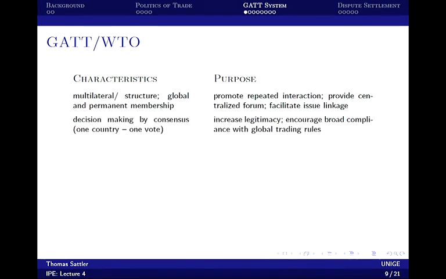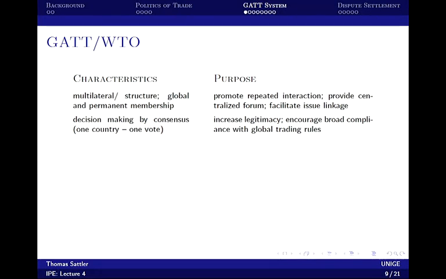The second feature of the system is the decision-making procedure. And it's characterized by decision-making by consensus. So first, that means that each country has one vote. That's not the case in all organizations. So in the IMF, for instance, we have weighted voting. Bigger countries have more votes than small countries.